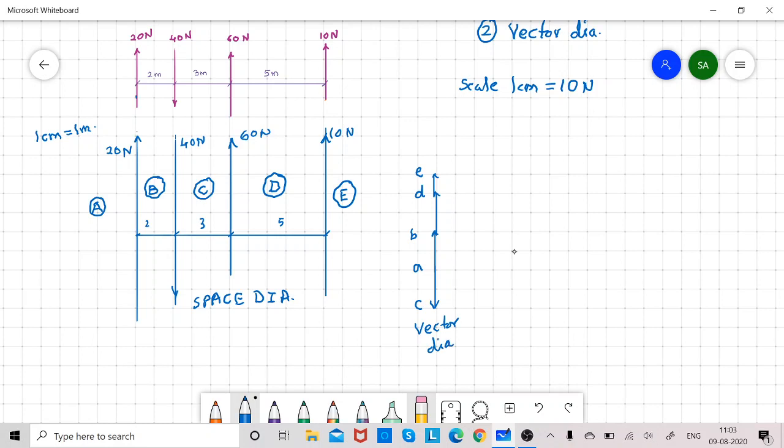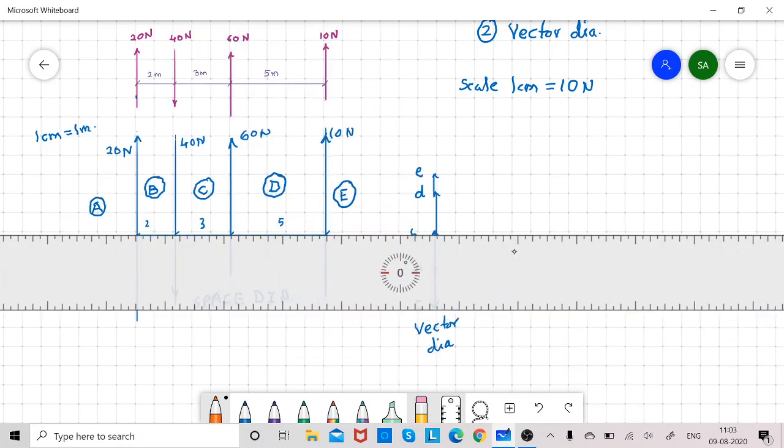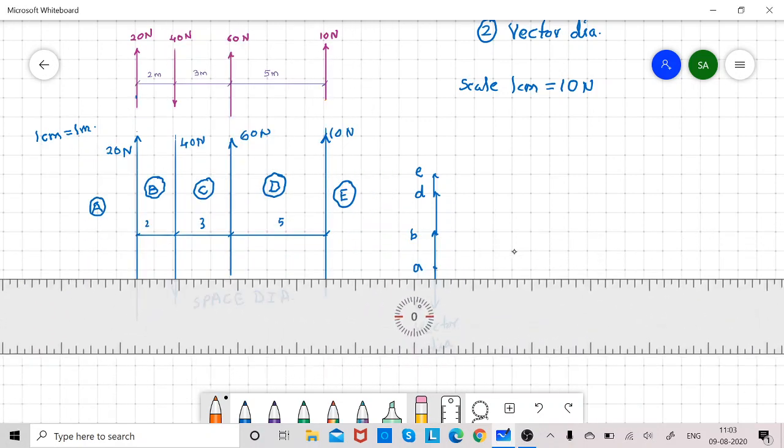What is the use of the vector diagram? This vector diagram gives us the magnitude and direction of the resultant. How? The direction is from a to e, from the first point to the last point.